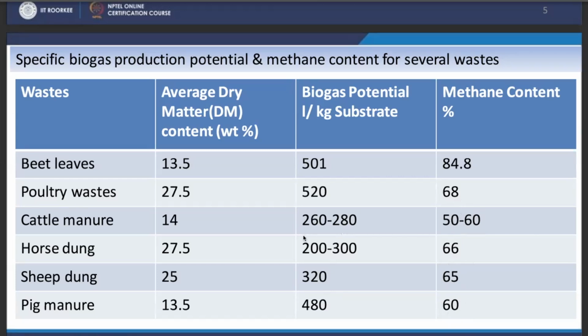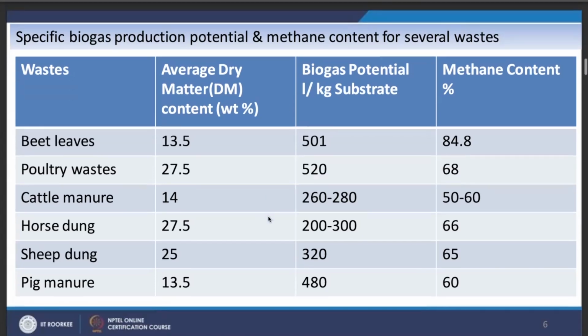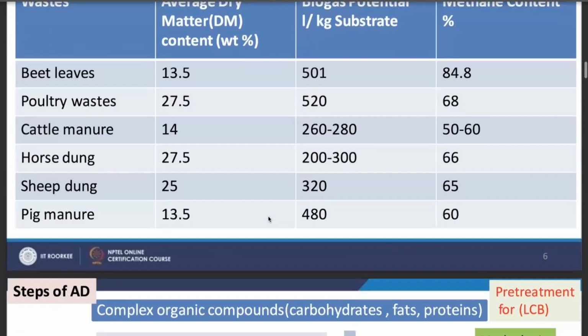Hence, you cannot estimate based upon only the waste material which you have. If your end goal or the end aim is to produce methane, and biogas is one of the product which has methane, right? Then you need to go for substrates or waste material which have high methane content, irrespective of their biogas potential production, right?